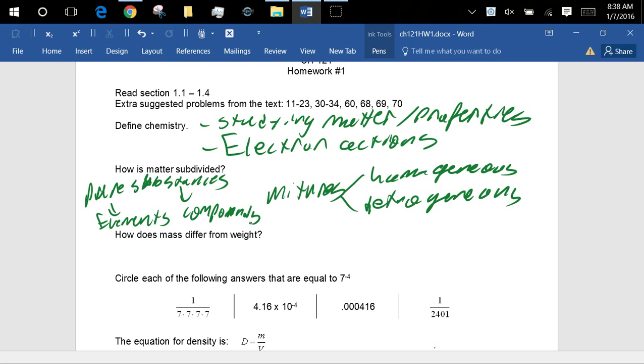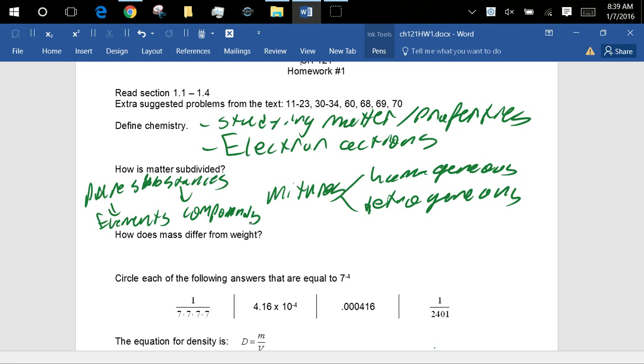There's no other stuff, so it's not actually a mixture. Sure, it's a mixture of sodium and chloride, but they're chemically bonded to each other. They can't be separated out by physical means. So you can have more than one thing, it's just, are they chemically bonded to each other or not? And then I can break that compound down into the elements. So your basic, most pure thing would be the elements.